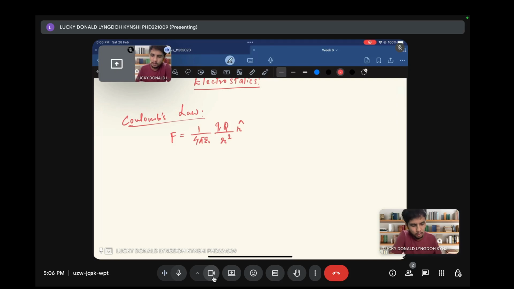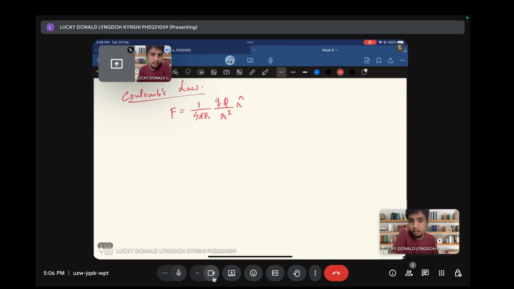So the force between two charges is proportional to the product of the charges and inversely proportional to the square of the distance between them. That means the higher the distance, the lower the force; the shorter the distance, the higher the force. So that is one thing.